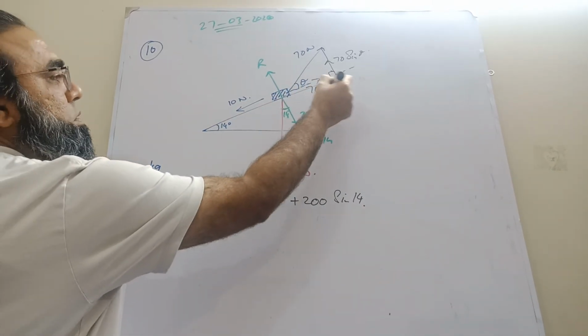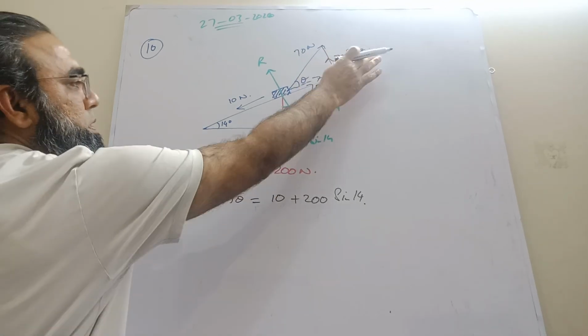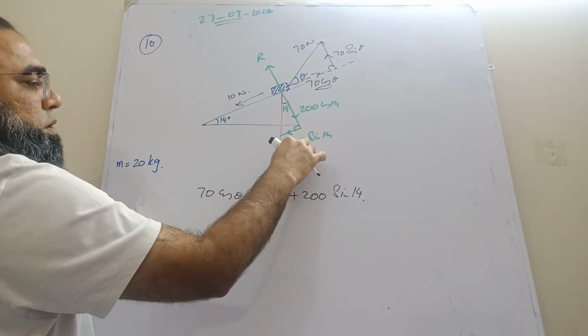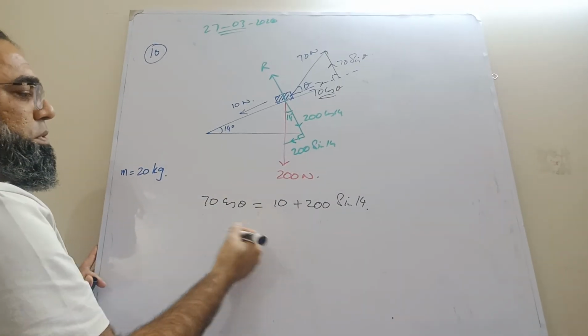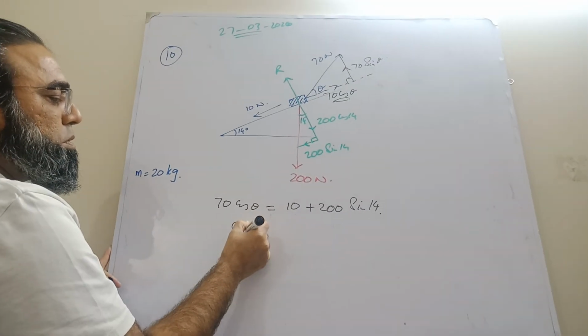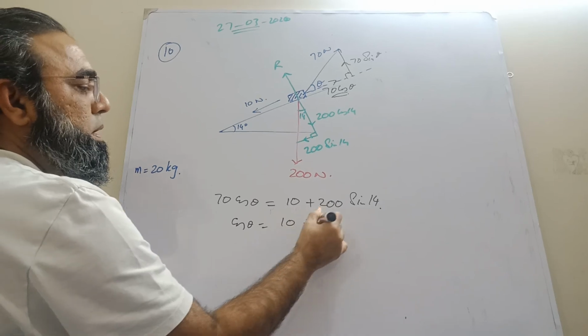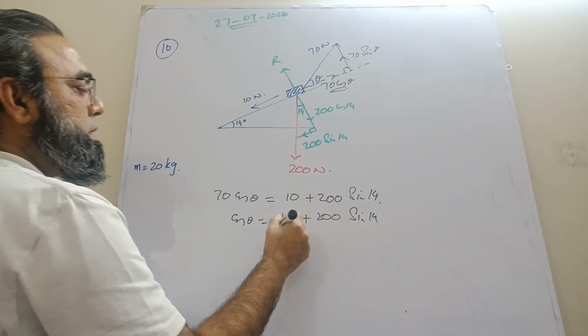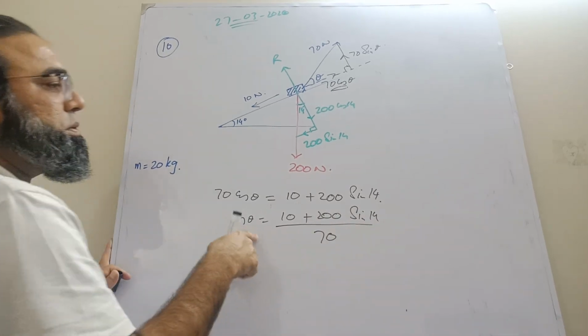This 70 cos theta is upward, and these are two downward. One is a frictional force, the other is a component of the weight. So this will give you theta. Cos theta is 10 plus 200 sin 14, divided by 70. You will get your theta from here.